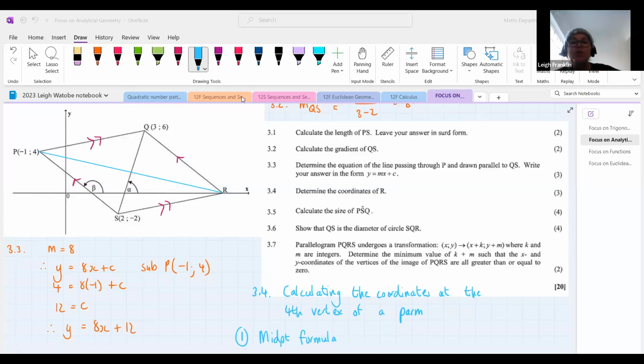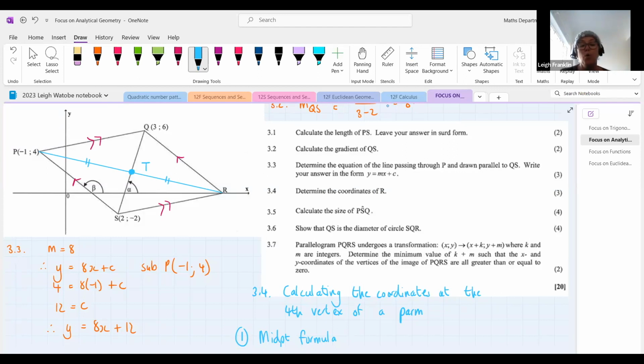They bisect each other, absolutely. Okay, so this point over here, I know that it's neither labeled nor given, all right? Let's give it a letter. Let's call it T. Okay, so T would be the midpoint of PR. Okay, and T is also the midpoint of SQ.